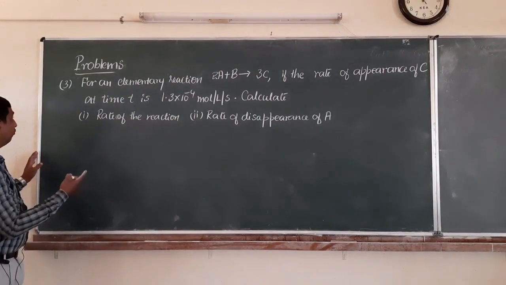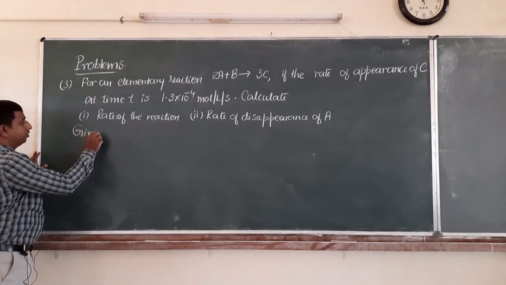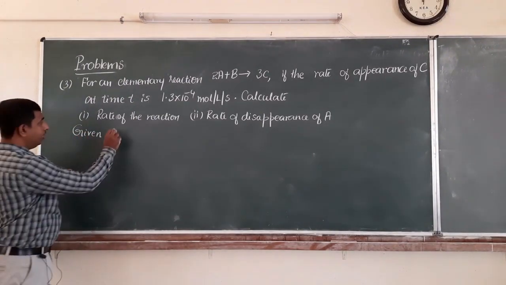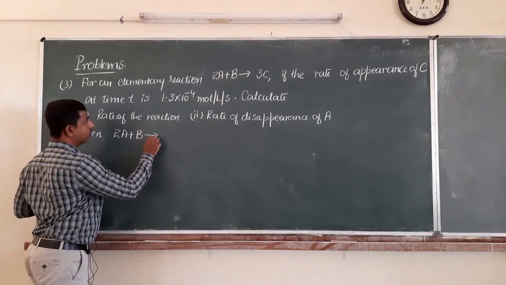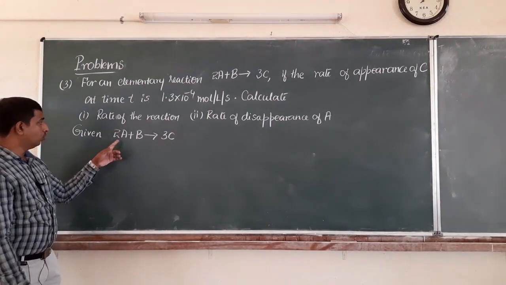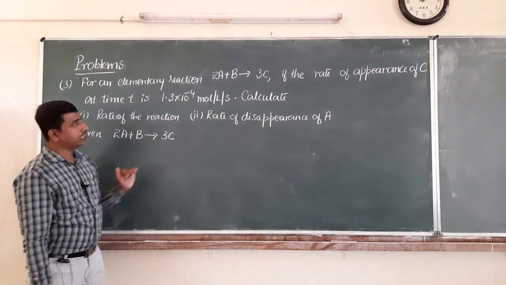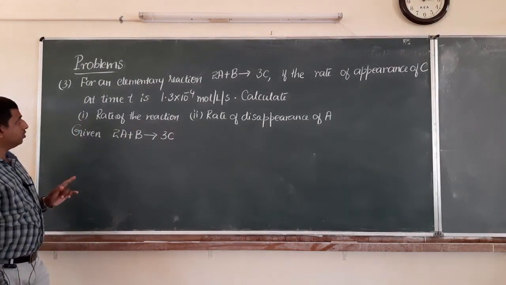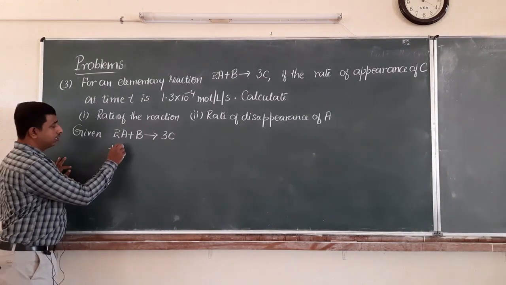Now what and all values are given? We shall write those values first. Say given 2A plus B giving 3C. Now this is the given equation. 2A reacting with B forming 3C. Rate of appearance of C. How to write rate of appearance of C? Appearance means plus.